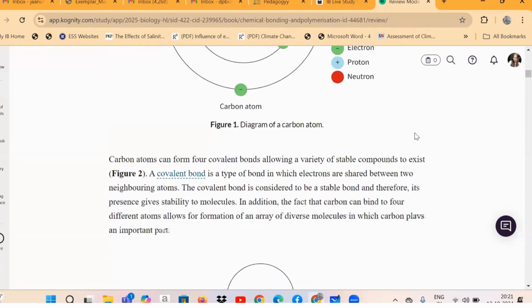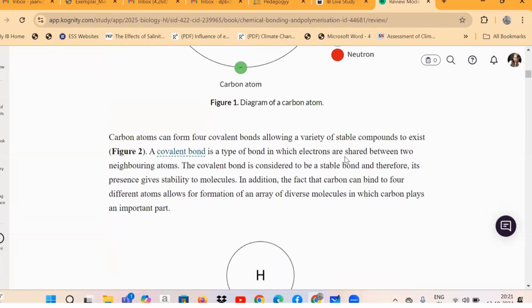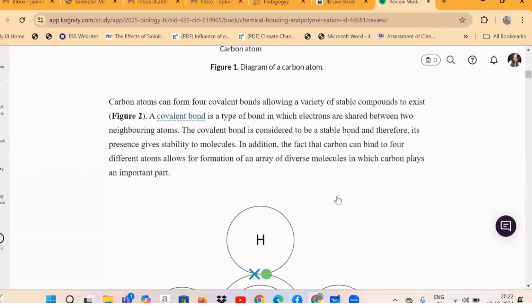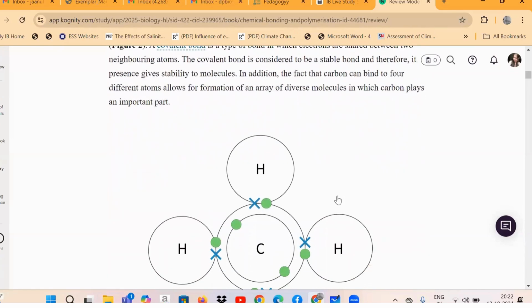So when we talk about a covalent bond, it's a type of bond in which electrons are shared between two neighboring atoms. Then only you go on to talk about metals and non-metals. And we consider that a stable bond. Why do we consider that a stable bond? Because there's no loose electron.